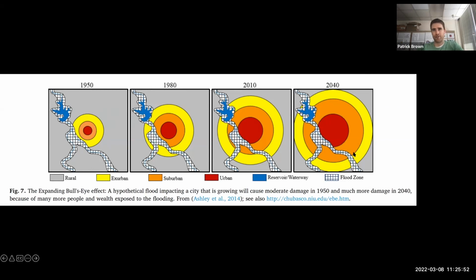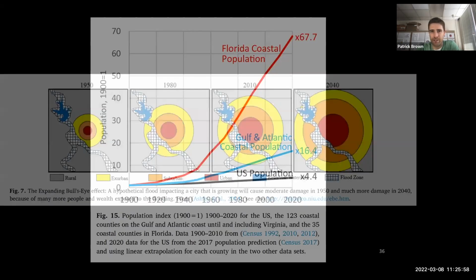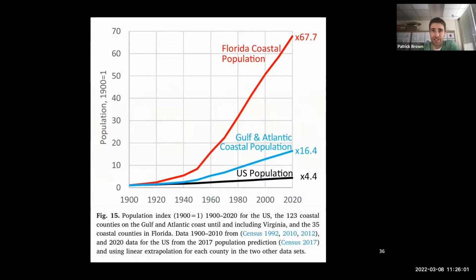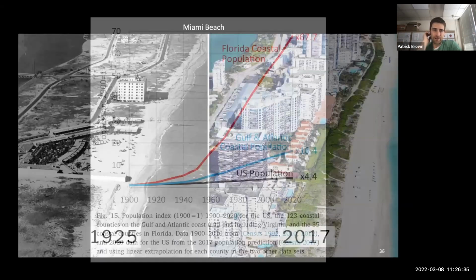You have the increase in population, and then you have the increase in value that can be damaged. This is particularly true with tropical cyclones, with hurricanes: the population in the United States since 1900 has increased by 4.4 times, but the population on the Florida coast has increased 68 times over since 1900. So it's not even just the population itself increasing, it's the population that's exposed to tropical cyclones that is increasing dramatically.